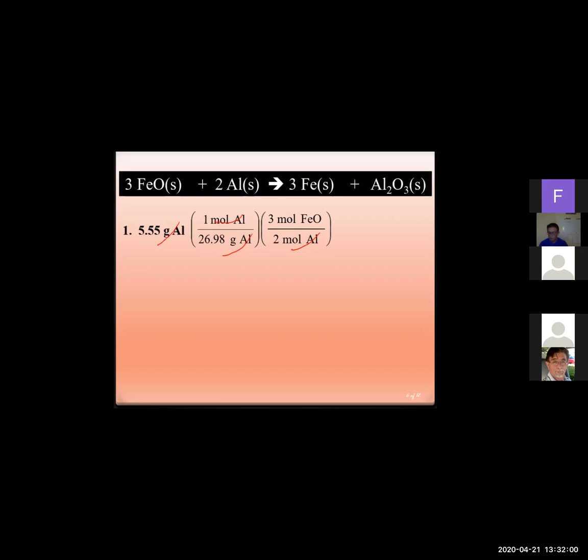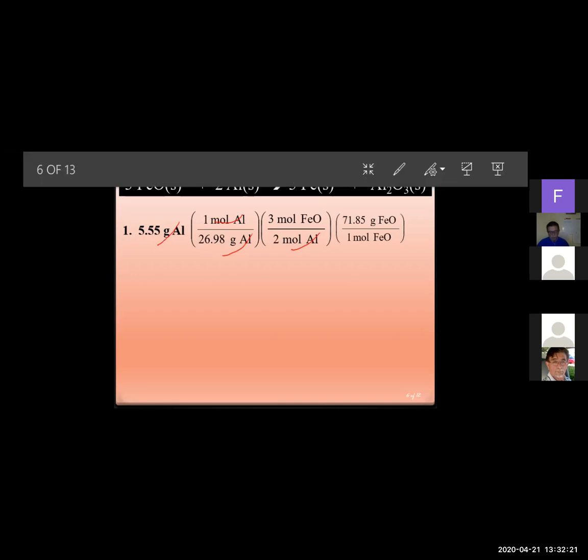Finally, because the problem asks for grams, we go back and figure out the molar mass of iron(II) oxide. Look up the atomic weight of iron and the atomic weight of oxygen, and it has a molar mass of 71.85 grams. Following the units, all the units have canceled out properly, leaving me with grams of iron(II) oxide, which tells you I set the problem up correctly.